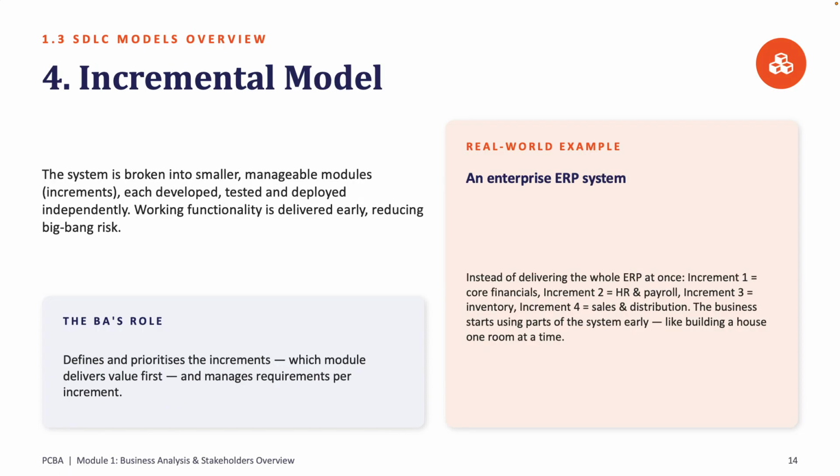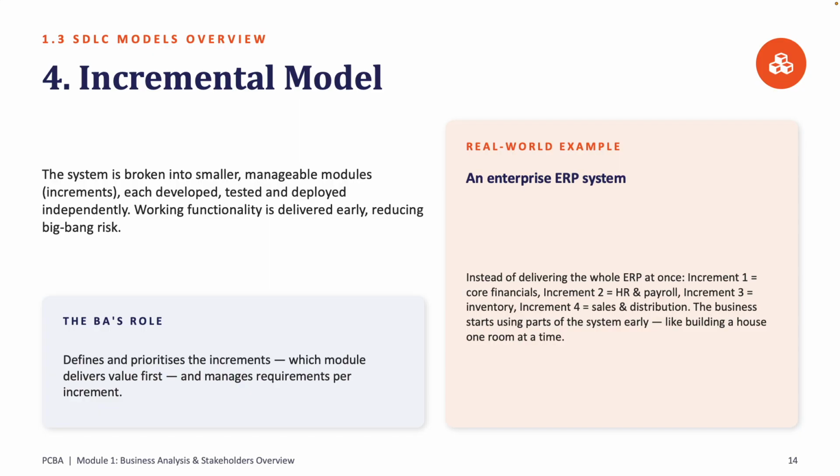Then we have another good model, which is called the incremental model. Here you're breaking the system into smaller manageable modules, which are normally called increments. Each one of them is developed, tested, and deployed independently. You'll notice that each module can operate independently and doesn't rely on another module.